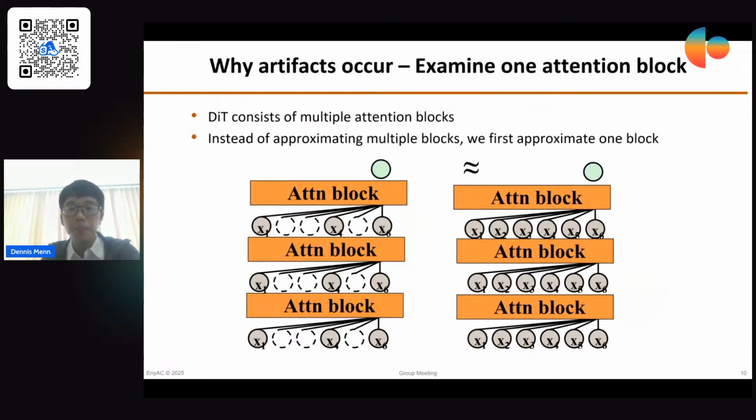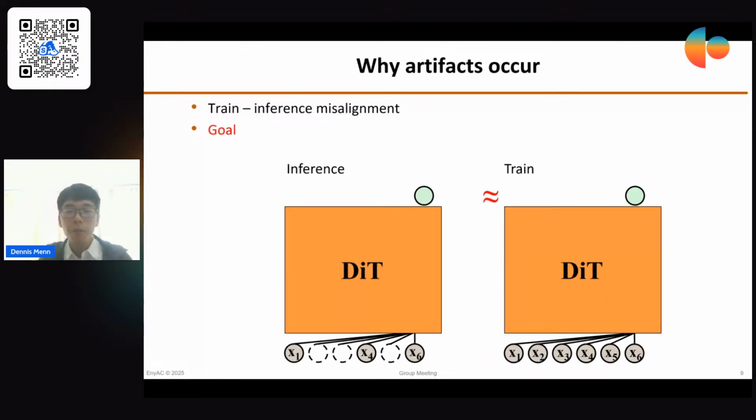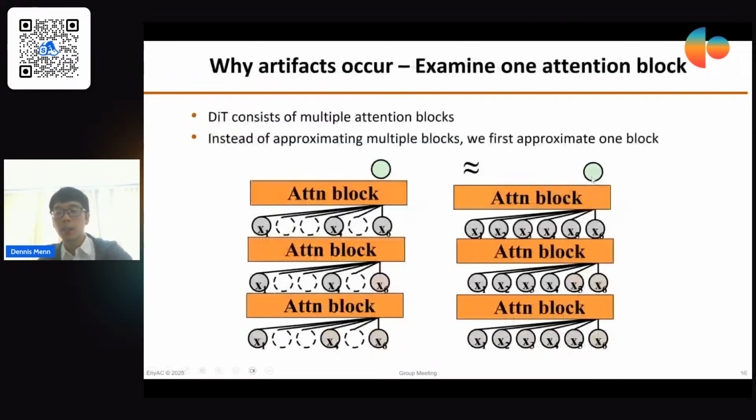We can slightly simplify the question. The DiT, diffusion transformer, actually consists of multiple repeated attention blocks. Instead of directly achieving the final end goal, let's first approximate one attention block.